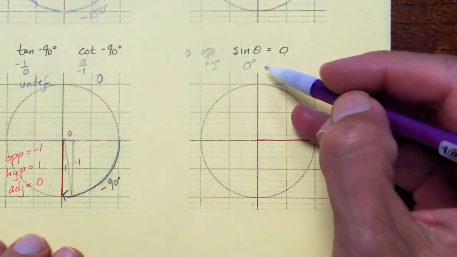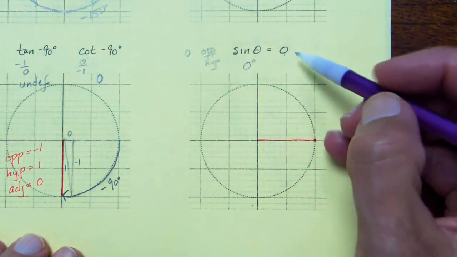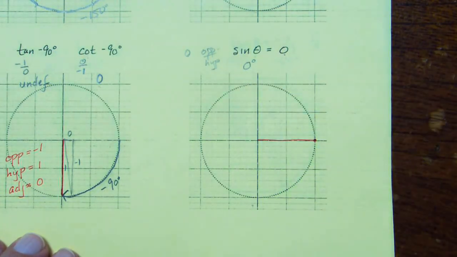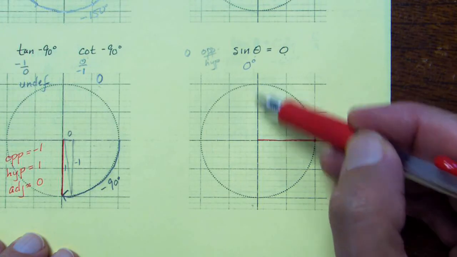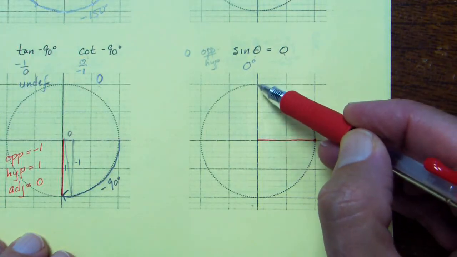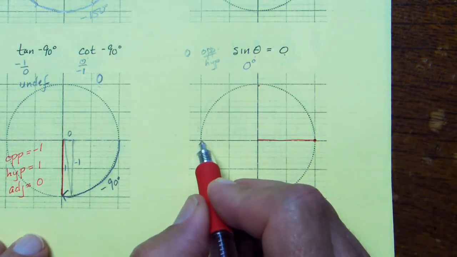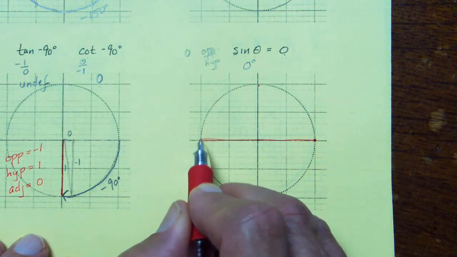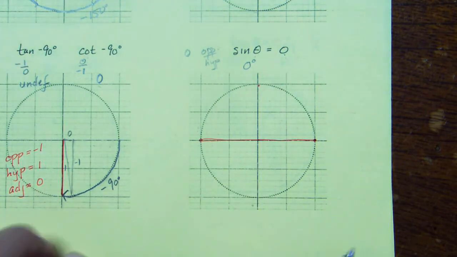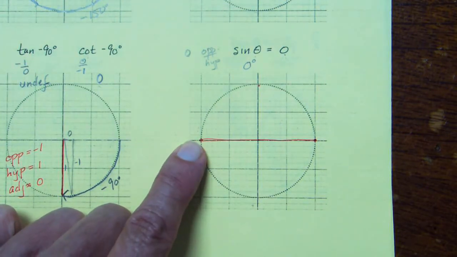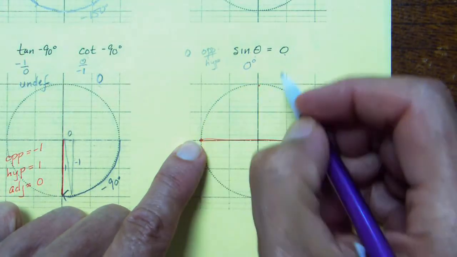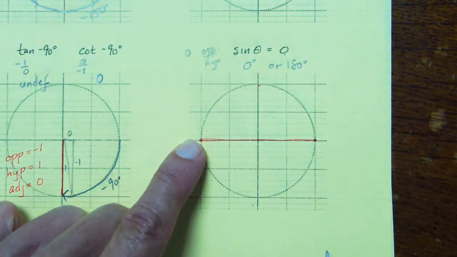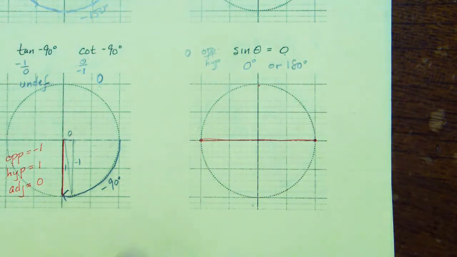But again, just like before, sometimes there's more than one answer. Where else is the height, or the opposite, equal to 0? Let's see. Well, here the height is 1, so that's no good. How about over here? Yes, right over here, okay? Right over here, again, you have a height of 0. And so how do we get there? Well, that's a rotation of 180 degrees. At 180 degrees, the sine ratio will be a 0.